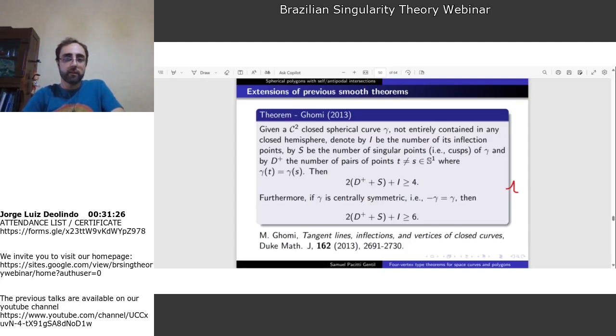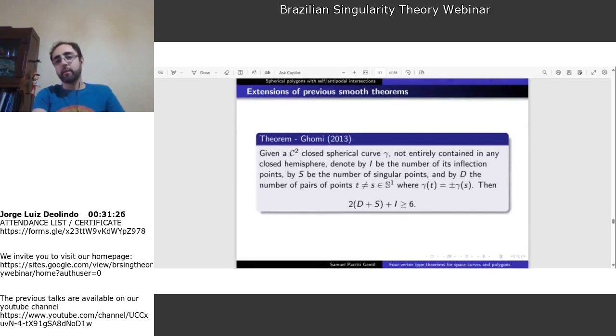And so this is an extension of Sagra's original result. And furthermore, if this curve is centrally symmetric, if once we reflect the curve it will go back to itself, then this lower bound can be improved to 6.